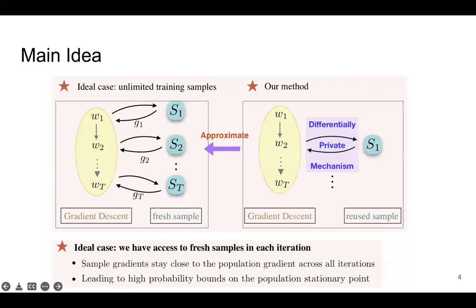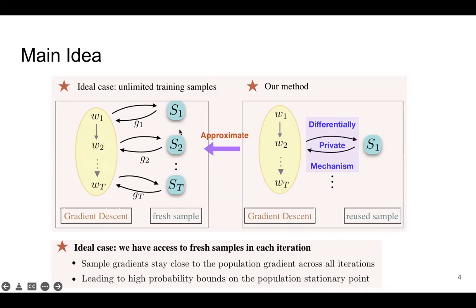The main idea is in this figure. The left part is the ideal case, where we can access unlimited training samples. What does this mean? The current adaptive gradient methods only follow a typical stochastic optimization oracle, which means they use a stochastic gradient to update the parameters.